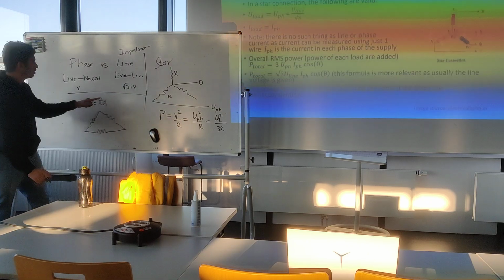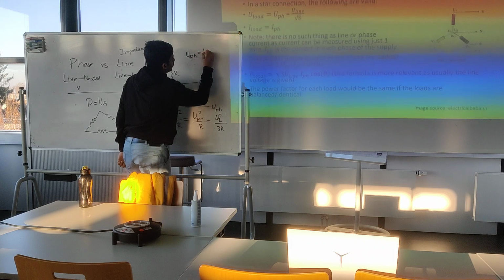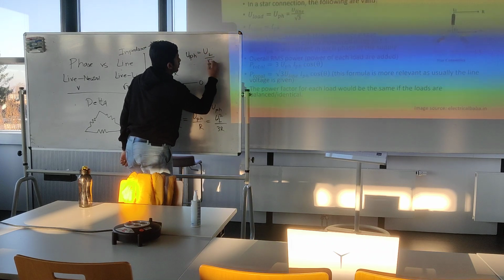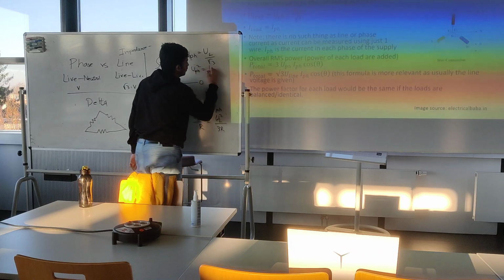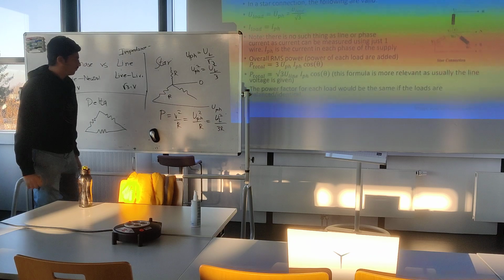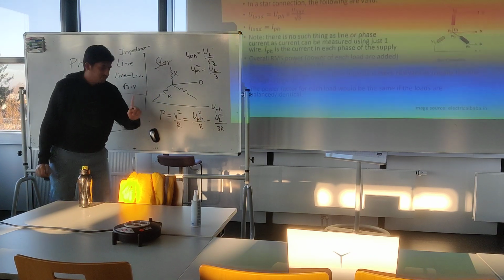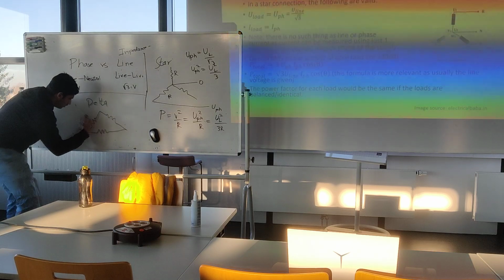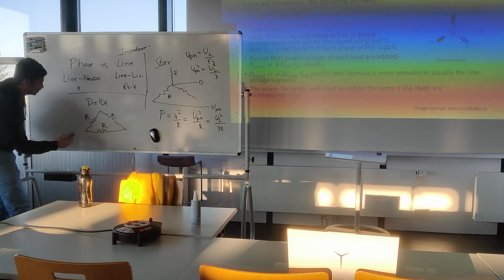U phase equals UL, the line voltage, by root 3. Squaring both sides, U phase square equals UL square by 3. So here the power was UL square by 3R. Now we have the same resistor, just rearranged, and it's the same power supply, just changing the connections.